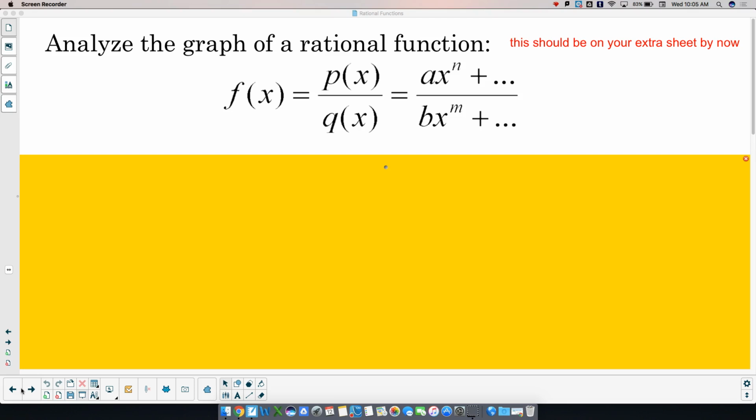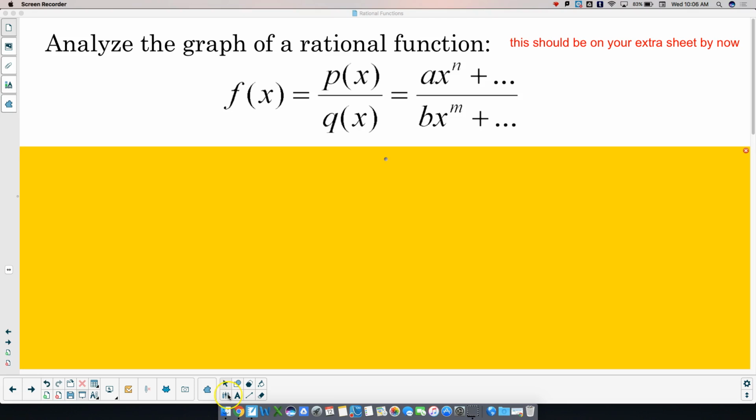Domain and vertical asymptotes. How do I do it, Logan? Set the denominator. The other D word. Yep, the other D word. Denominator. Set the denominator equal to 0. Okay? All right?